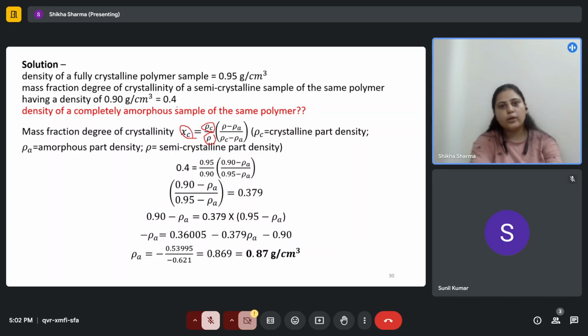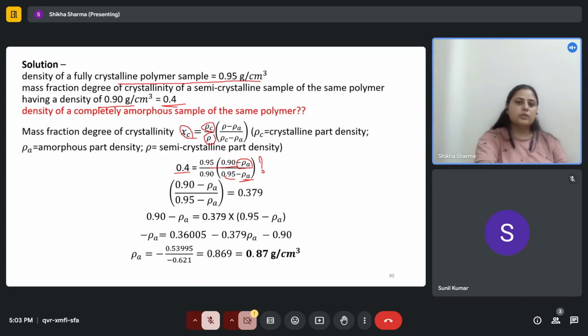The mass fraction is 0.4. So 0.4 is equal to rho c, the density of the fully crystalline polymer, 0.95, divided by 0.9, the density of the semi-crystalline sample, multiplied by 0.9 minus the amorphous part density, which we need to calculate, rho a, divided by the crystalline part density 0.95 minus rho a.